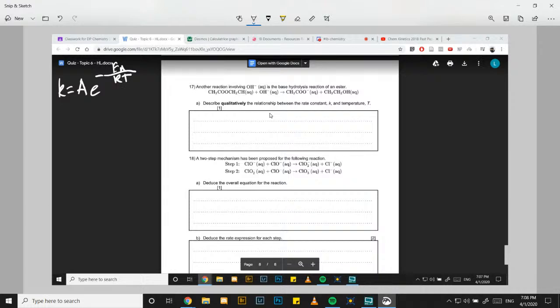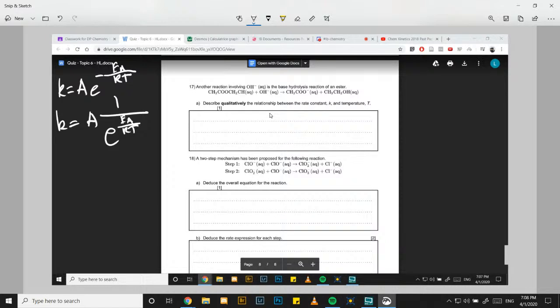So if you look again at what this is, it says A, and e to the negative something is going to be 1 over e to the activation energy over RT. Now, if you increase the temperature in the fractional exponent over here, the entire denominator is going to get smaller.